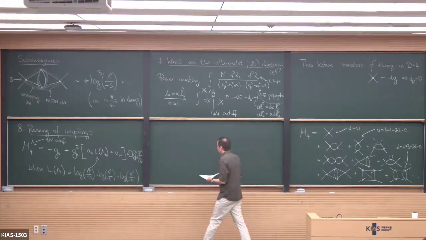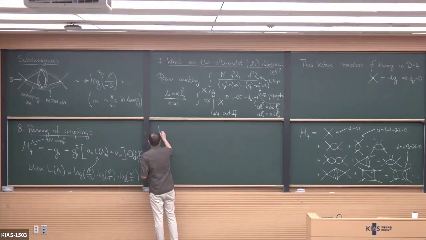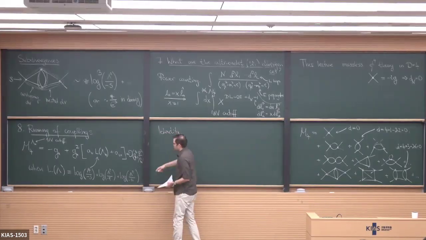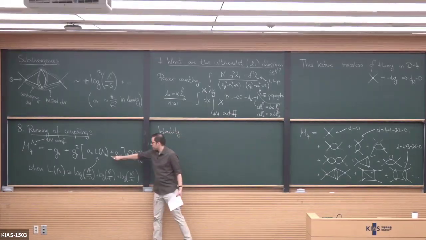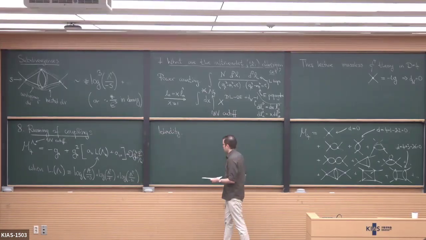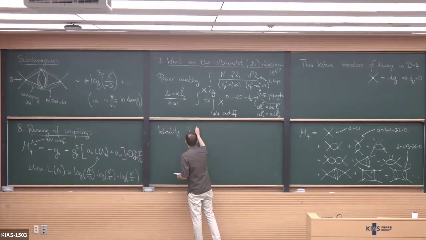Okay, good. So now what we wanted to do is to change the cutoff. But notice actually the cutoff dependence is only through this function that I called L. So for that purpose, I can actually use the following identity, which you can easily verify.